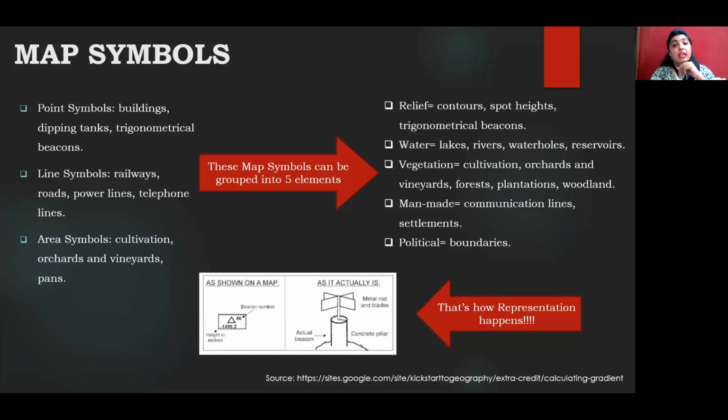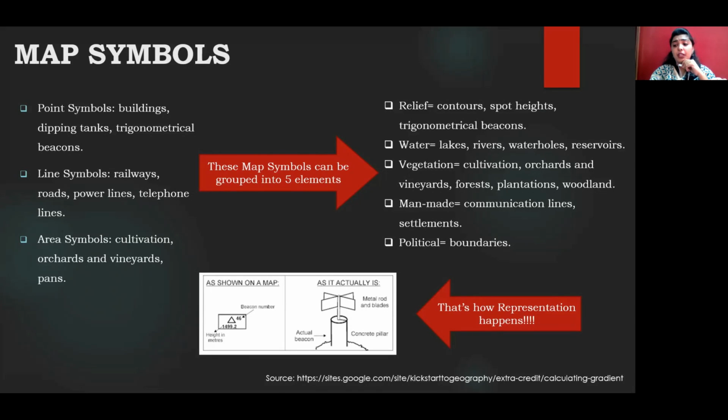They are all shown by lines. When it comes to area features, it is more of the forest area, or barren land, or the cultivated area, or the orchard areas. All these are shown by area symbols, or in simple words, we call them polygon symbols.